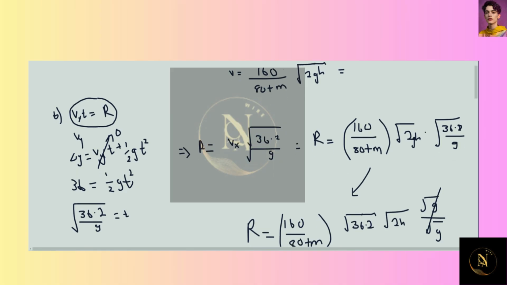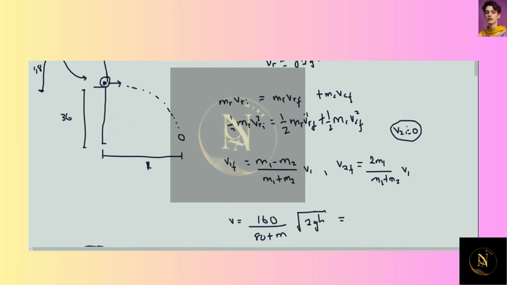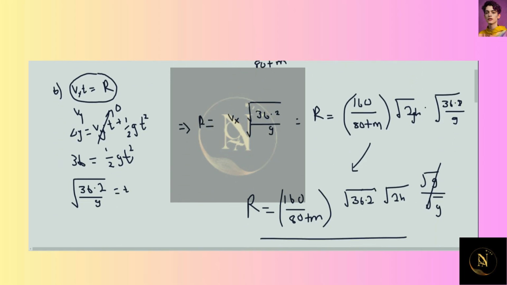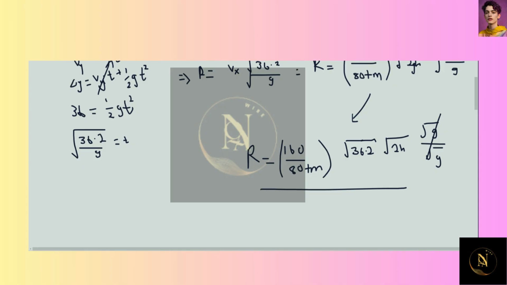So essentially, the range depends on your speed after the collision, and the speed after the collision depends on the speed before the collision, which in turn depends on the potential energy that you had initially. So all of that dependence will essentially make sure that the gravity does not play a role, because they essentially cancel out at the end.